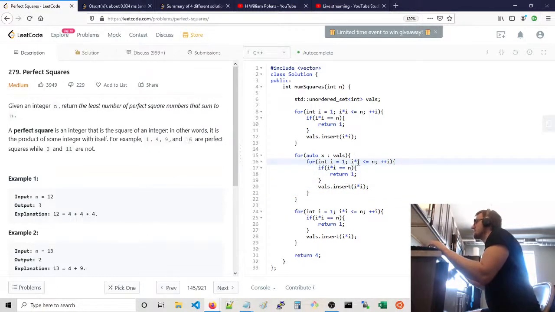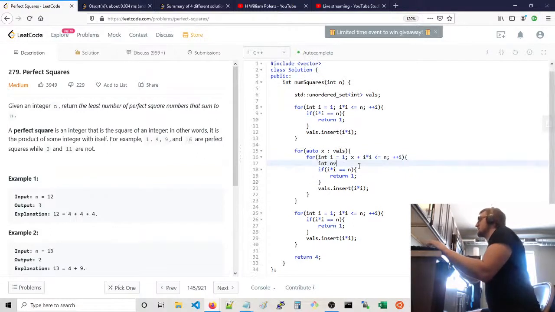And you take each of these, you're gonna say x minus this value, new value x plus i times i, right, if new value is equal to n, return 2.